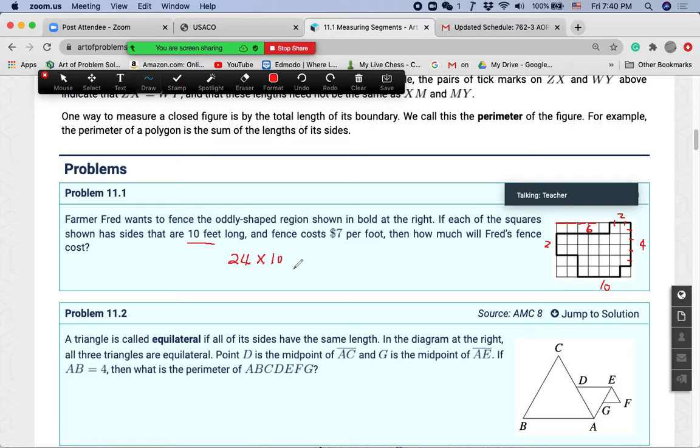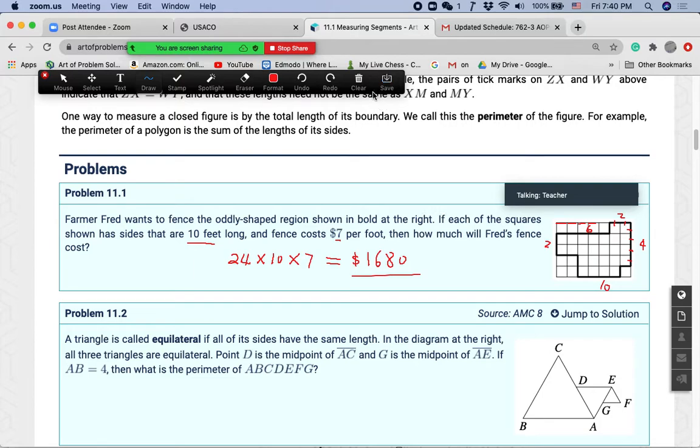So that's 240 feet. So say each foot costs $7. So then you times 7. So can you calculate how much it costs? $1,680. Yes, this one's correct.